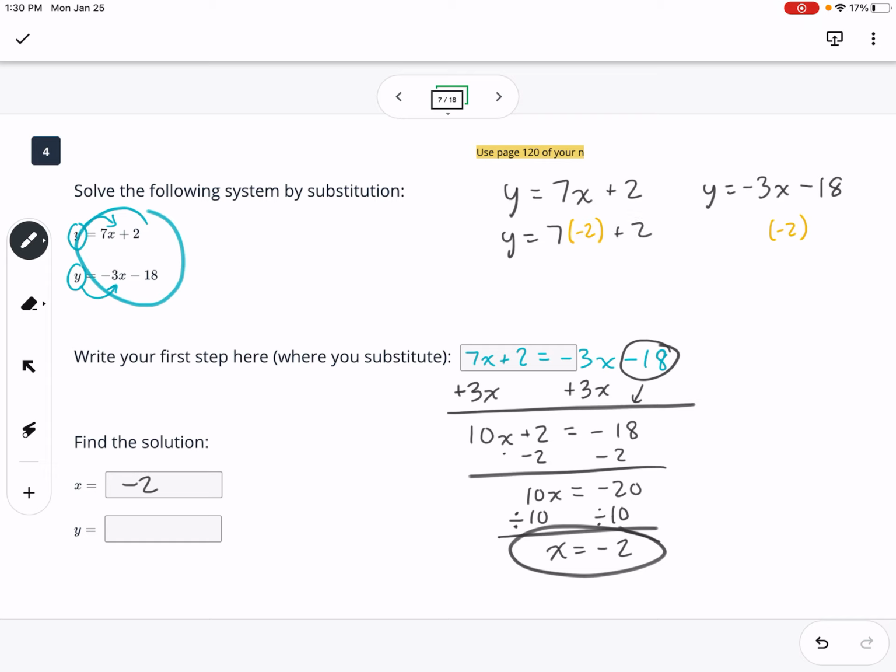So over here, 7 times negative 2 is negative 14. Negative 14 plus 2 is negative 12. Over here, negative times negative is positive. 3 times 2 is 6. Minus 18. And that also equals negative 12. So I'm all set.